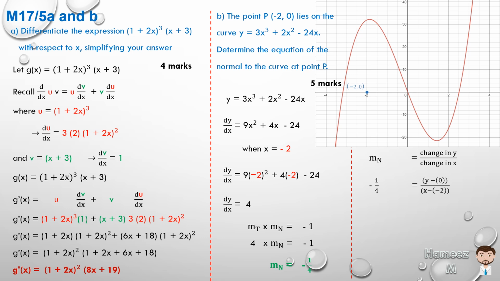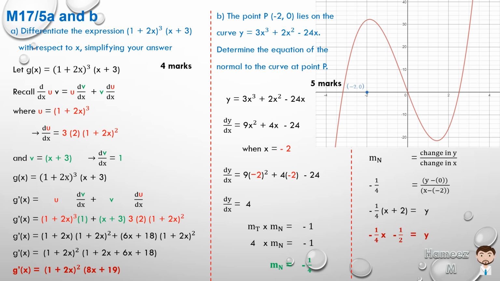So we can carry the denominator across because we're solving for y. So that will give us minus a quarter by x plus 2. And we can expand. So y is equal to minus a quarter x minus a half. And that would be the equation of the normal, assuming that the point P really lied on the curve.